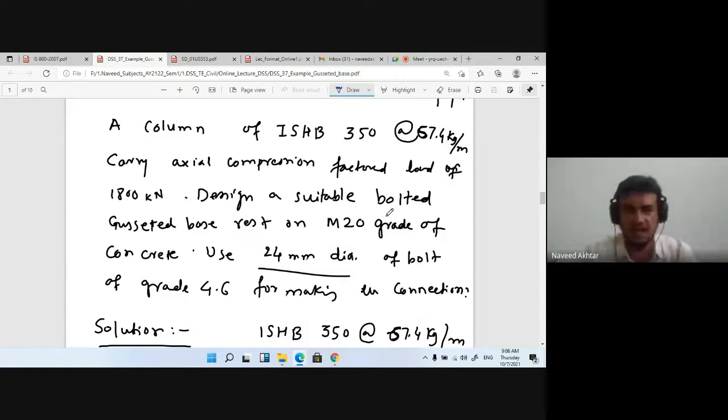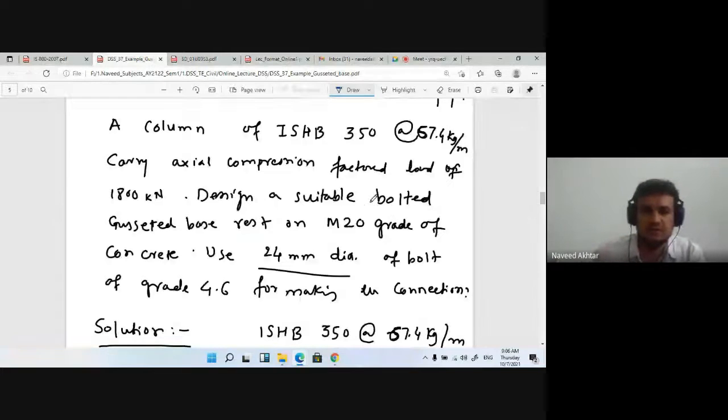A column of ISHB 350, about 67.4 kg per meter, carries an axial compressive factored load of 1800 kN. Design a suitable bolted gusseted base resting on M20 grade of concrete. Use bolts of diameter 24 mm, grade 4.6, for making the connection.